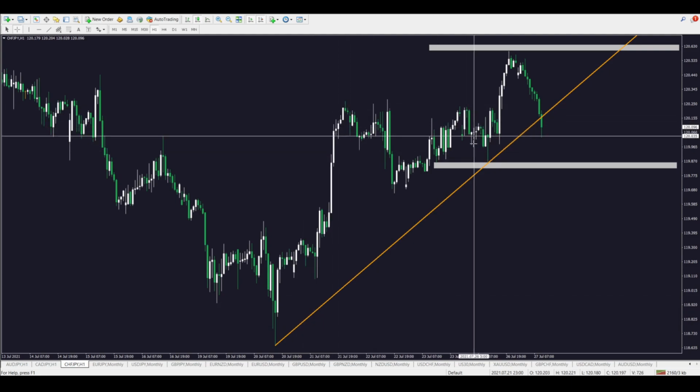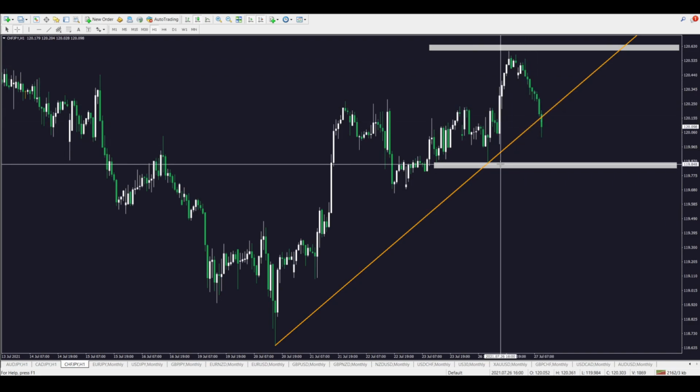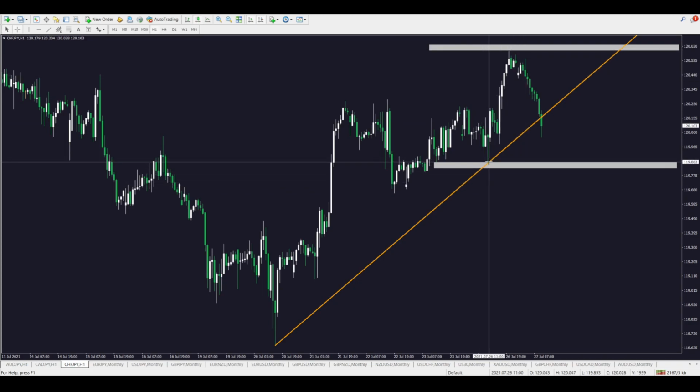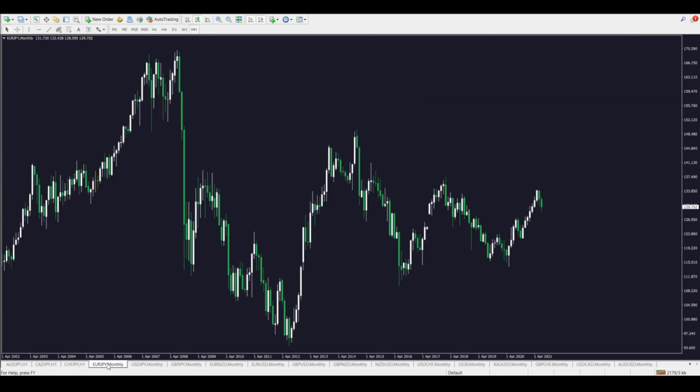So we have this high. If price breaks below this point without going above this point, I would sell. And if price breaks above this point without going below this wick, I would buy. It's a very simple setup, guys. And that's how I actually trade the market.